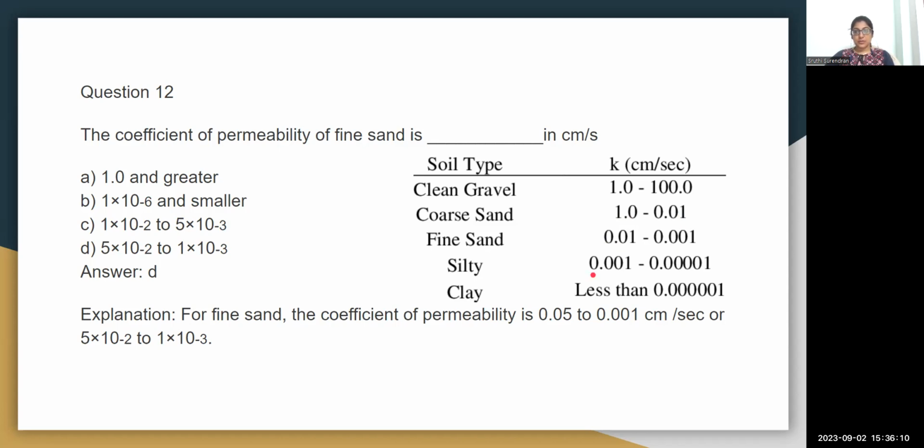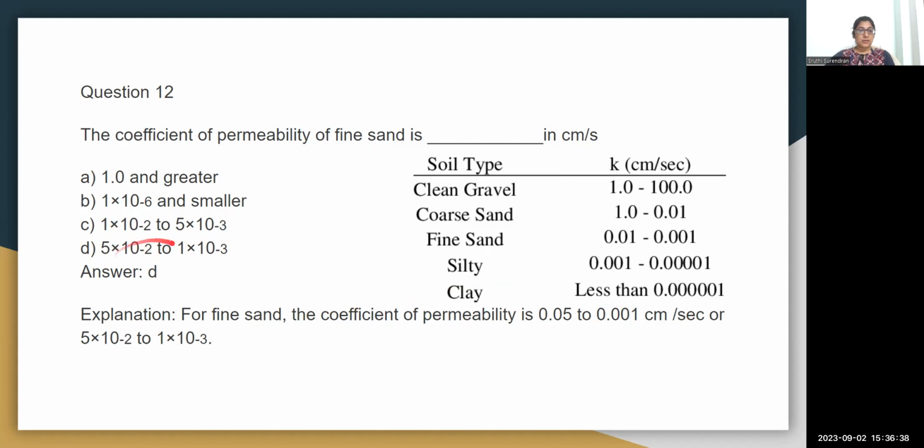Silty sand, it is 0.001 to 0.1 into 10 to the power minus 5. And clay has less than 1 into 10 to the power minus 6. So the question is about fine sand. Fine sand has a coefficient of permeability between 0.01, that is 1 into 10 to the power minus 2, to 1 into 10 to the power minus 3.